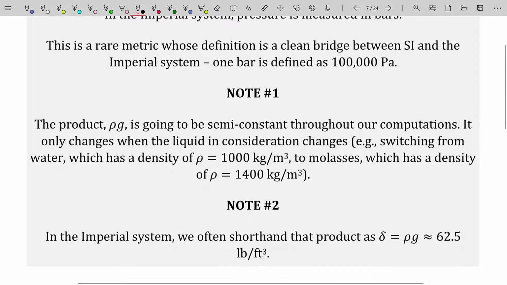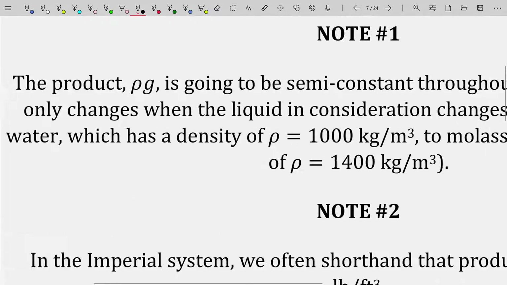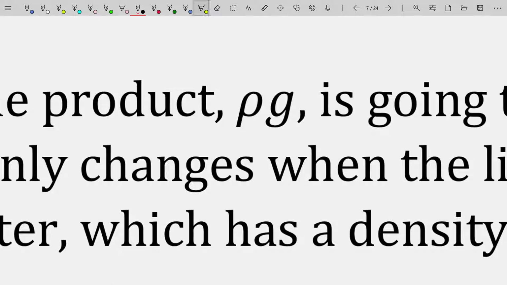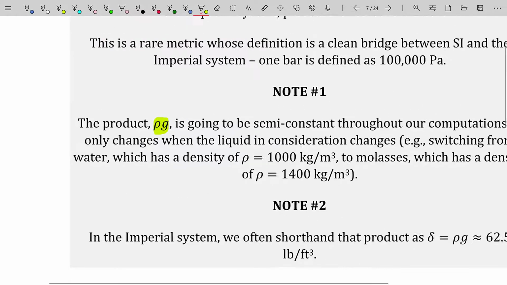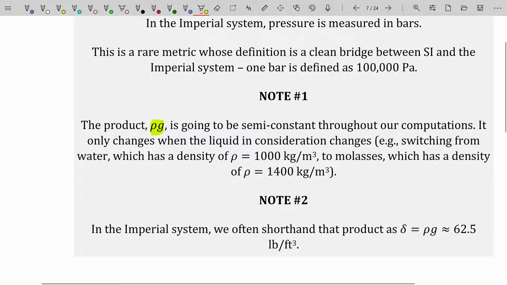Another thing to note here, the product rho g, this is going to be an important conversation. This product right here, which is density times acceleration due to gravity, is going to be semi-constant throughout our computations.